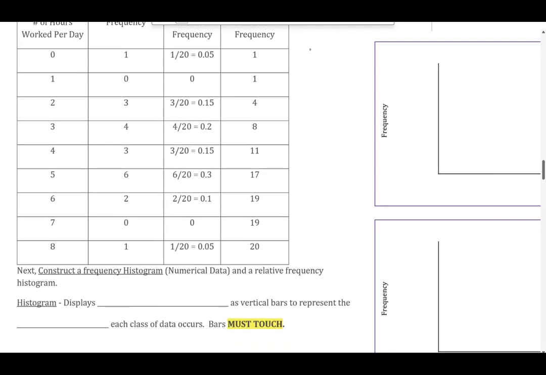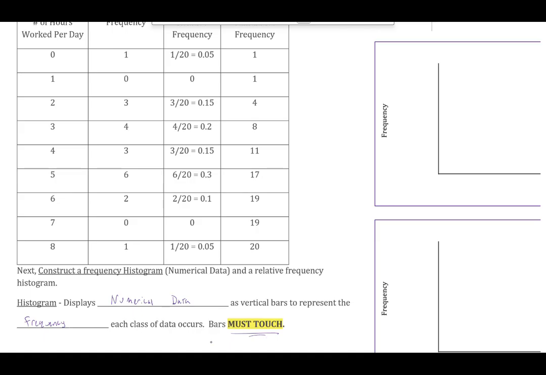A histogram displays numerical data as vertical bars to represent the frequency each class of data occurs. The big difference between a bar graph and a histogram is that in a histogram, the bars must touch.